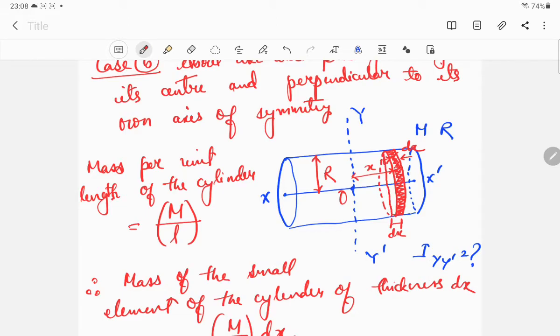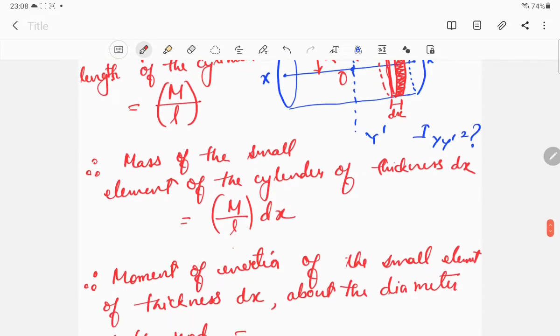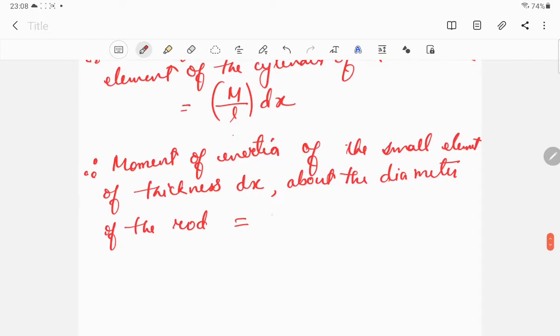Or about the diameter of the rod, diameter of the rod is nothing but this one. Okay, so that is nothing but m r square by 4. So here what is m? It is M by small l into dx. Okay, and r square by 4.